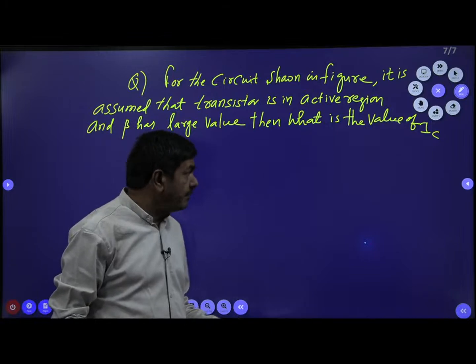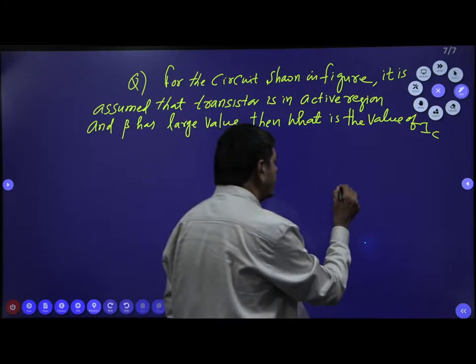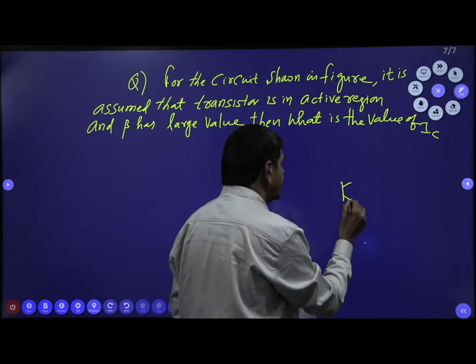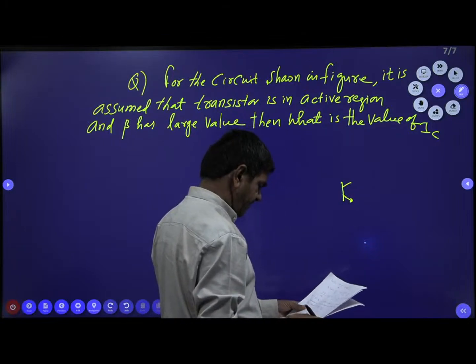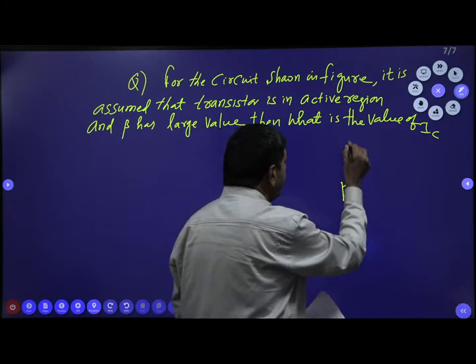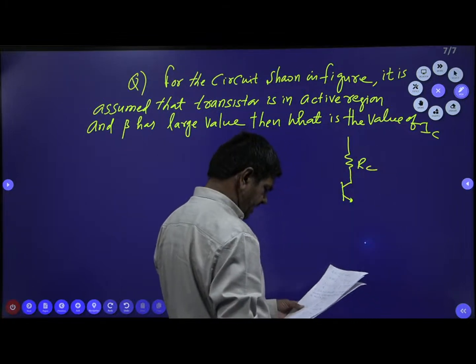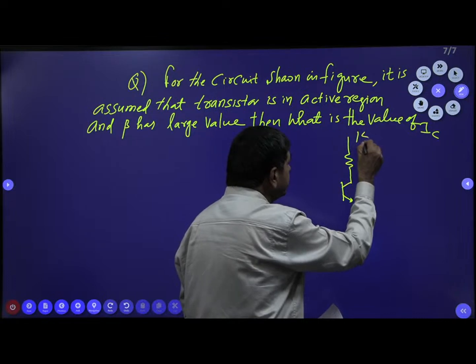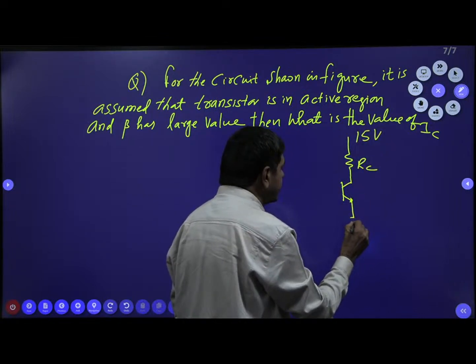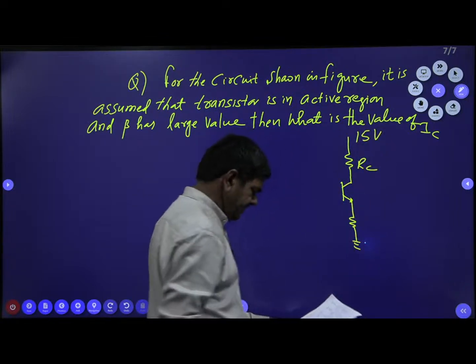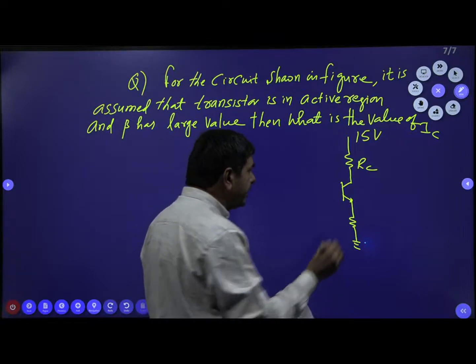The given network is, I will give now, the transistor here with RC given, and also connected with 15 volts. There is a resistor, its value is given 430K.